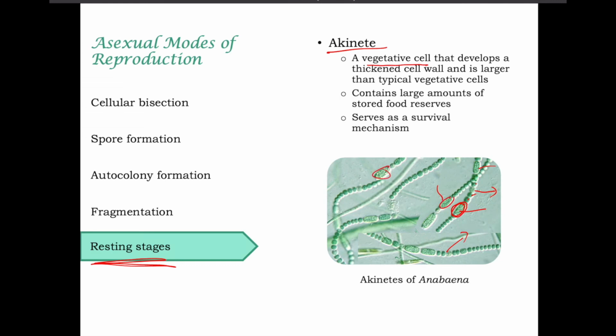They are abnormally large cells compared to your normal vegetative cell, because they contain large amounts of food reservoir and are enclosed by a very thickened cell wall. So the akinetes of your Anabaena genus serve as a mechanism of survival.